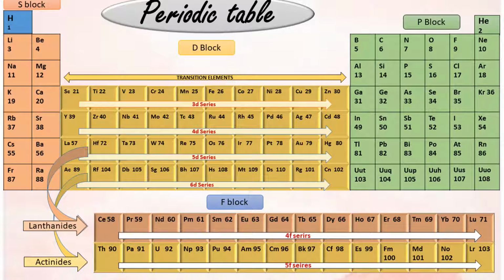In the case of F block, there are two series, namely 4F and 5F series, which are known as lanthanides and actinides respectively. In both the D block as well as F block, the last electron does not enter the ultimate shell like S and P block elements.